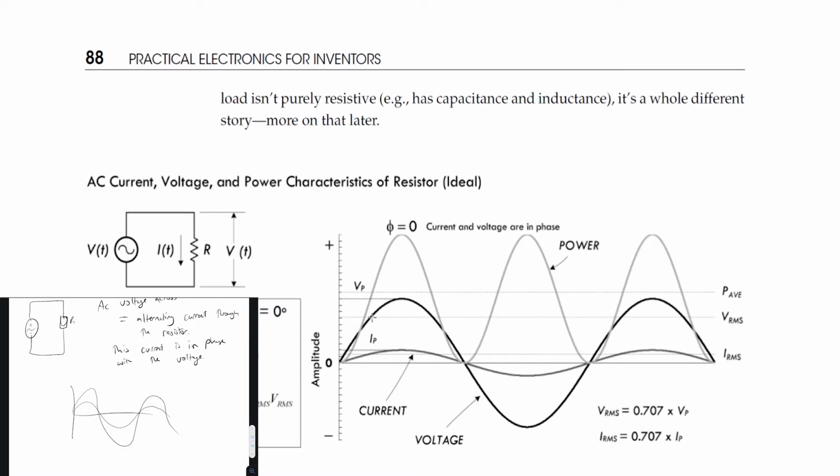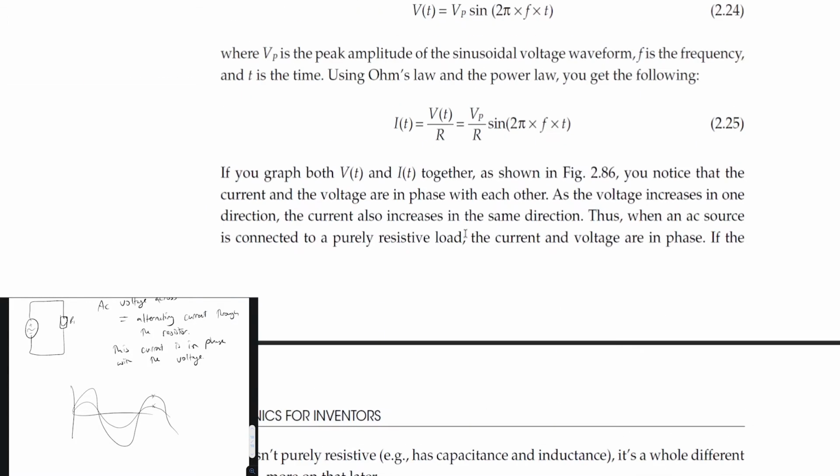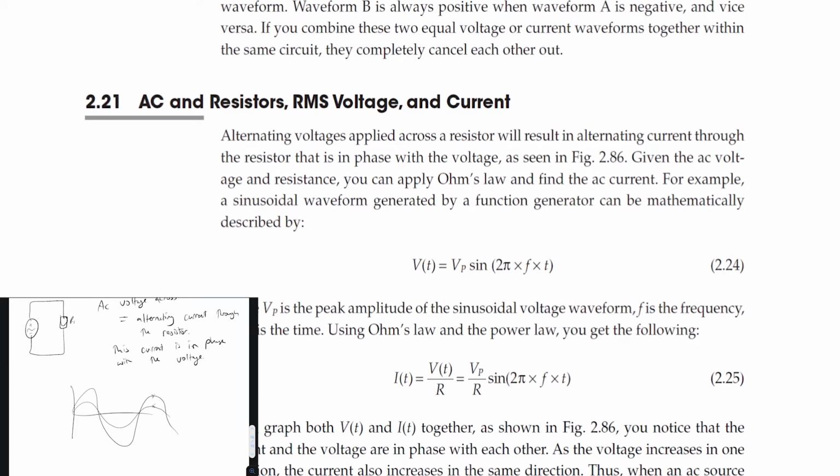It's exactly the same, just of different magnitudes on the scale. So these are in phase. I'm pretty sure that means they have the same peak, the peaks occur at the same time. There's not really much clarification, but okay, let's do this.